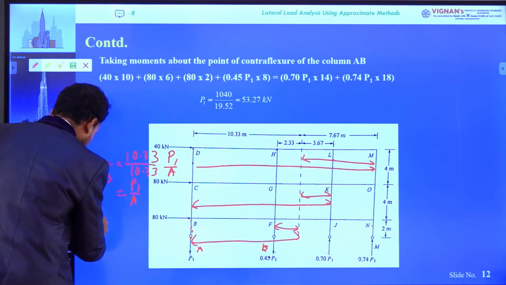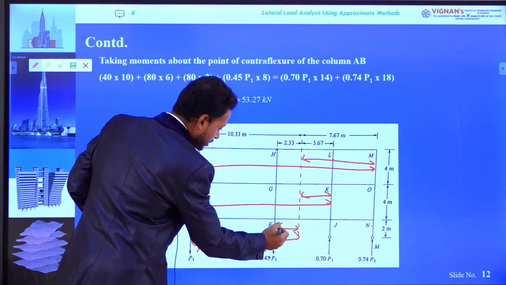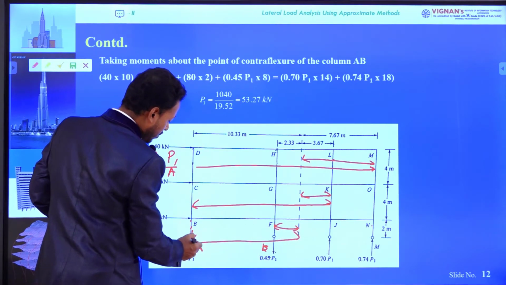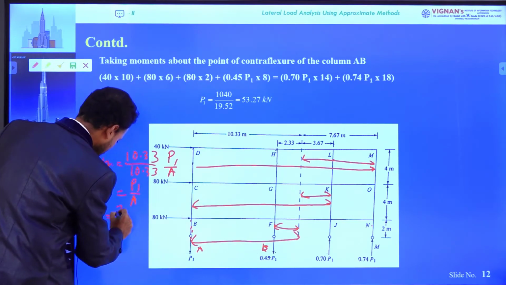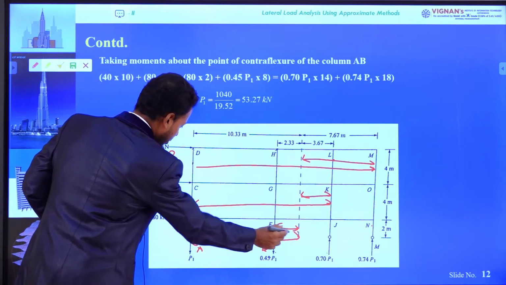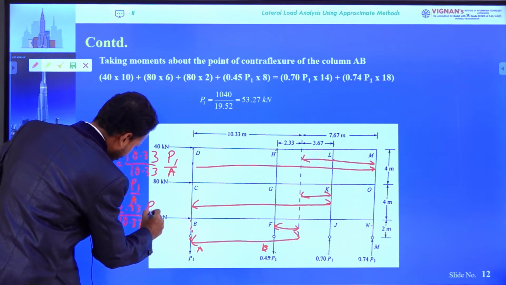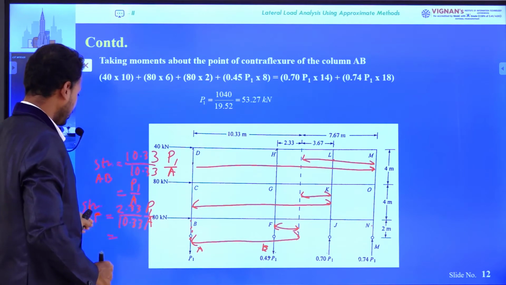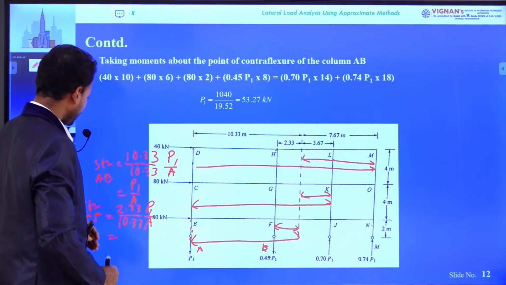So stress in EF equals the distance between the particular member to centroidal axis divided by the distance from the left side to centroidal axis. This distance is 2.33 and the distance from the left point to centroidal axis is 10.33, into P1 by A. So I get stress in EF equals 2.33 by 10.33 into P1 by A.